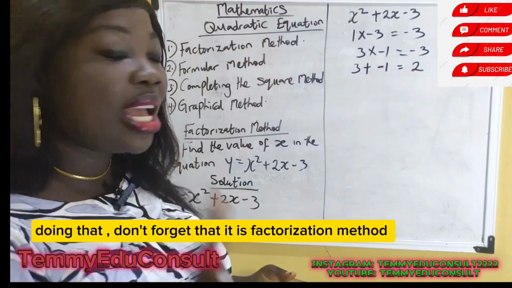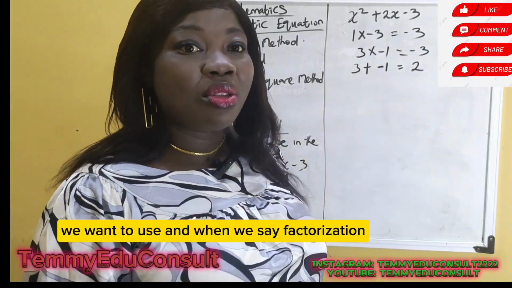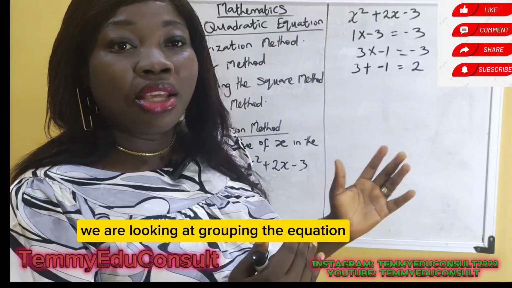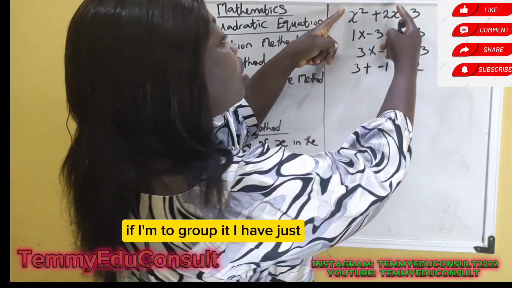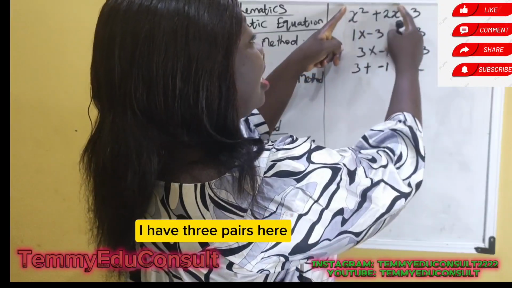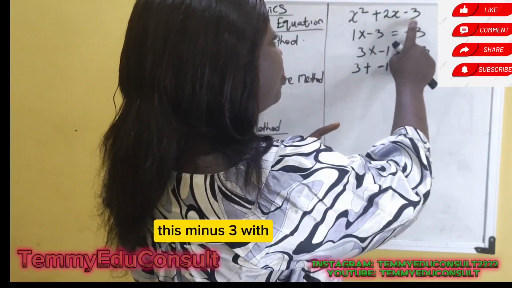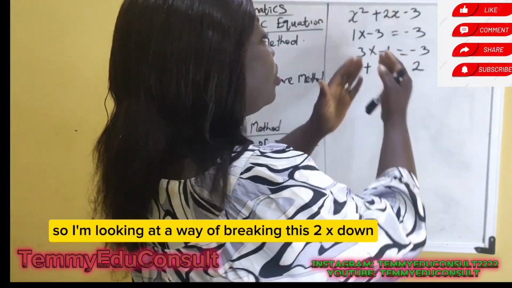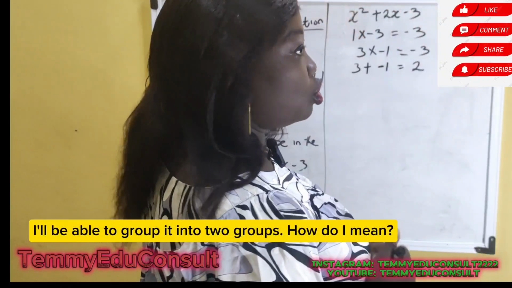Doing that, don't forget that it is factorization method we want to use. And when we say factorization, we are looking at grouping the equation. But if you look at this equation, if I'm to group it, I have 3 pairs here. I won't have anything to group this minus 3 with. So I'm looking at a way of breaking these 2x down so that at the end of the day, I'll be able to group it into 2 groups.